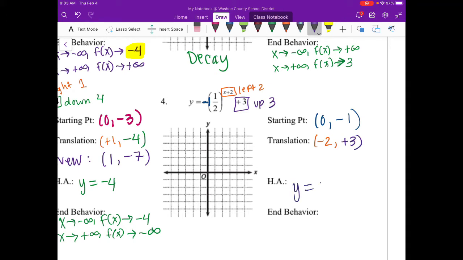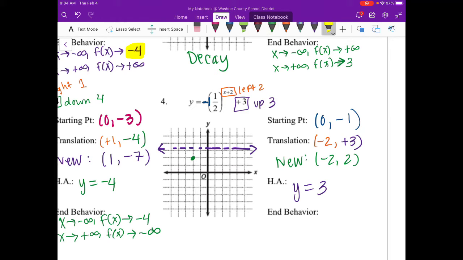That plus 3 is also my horizontal asymptote, so I'm going to go ahead and add that now, which makes my new point negative 2, positive 2. So I'm going to go to negative 2, positive 2 right there.